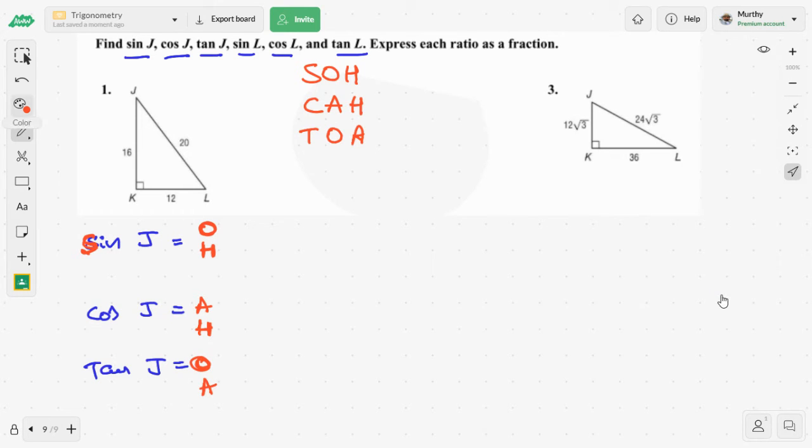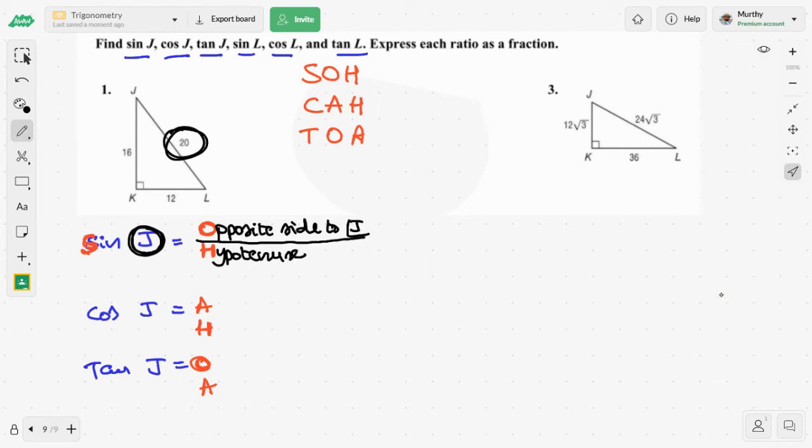Now let's elaborate these fractions. It is opposite side to angle J over H, which stands for hypotenuse. Many people neglect this, but I prefer to write it this way. Hypotenuse is always the longest side, you know that.